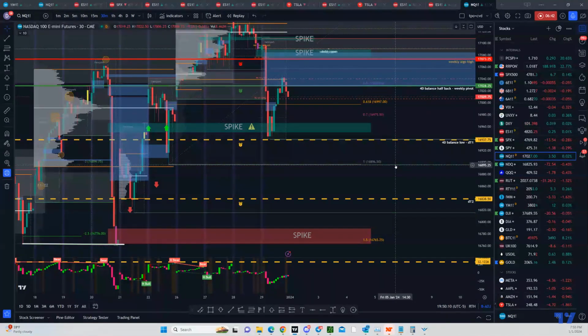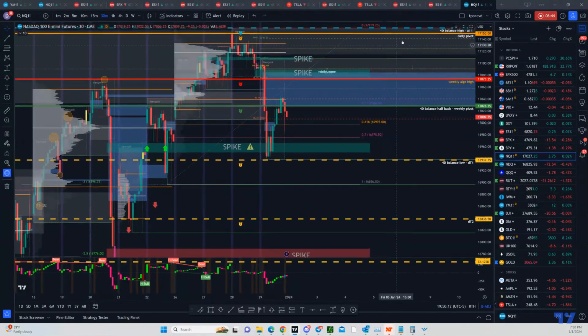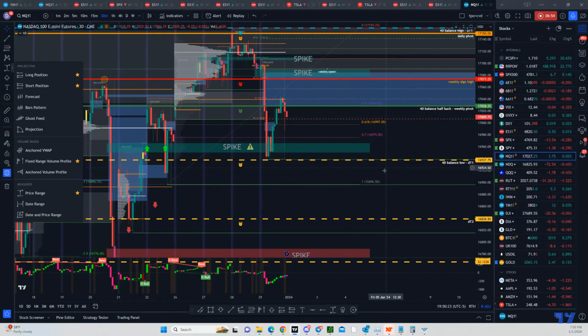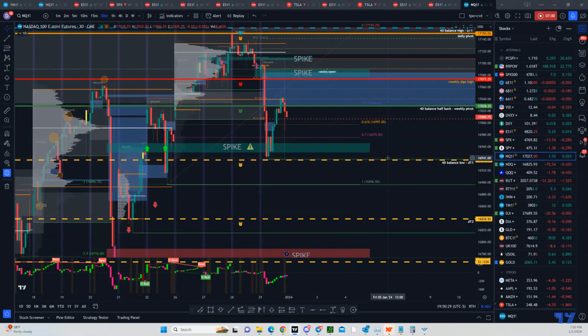Technically speaking, it's just the 50%. So if you measure from here to here, 50% of that will be equal to this. So this is how I normally do it. I just get the measurement tool, and this is technically at 50% of the range, even though it says 100, it's just 50.